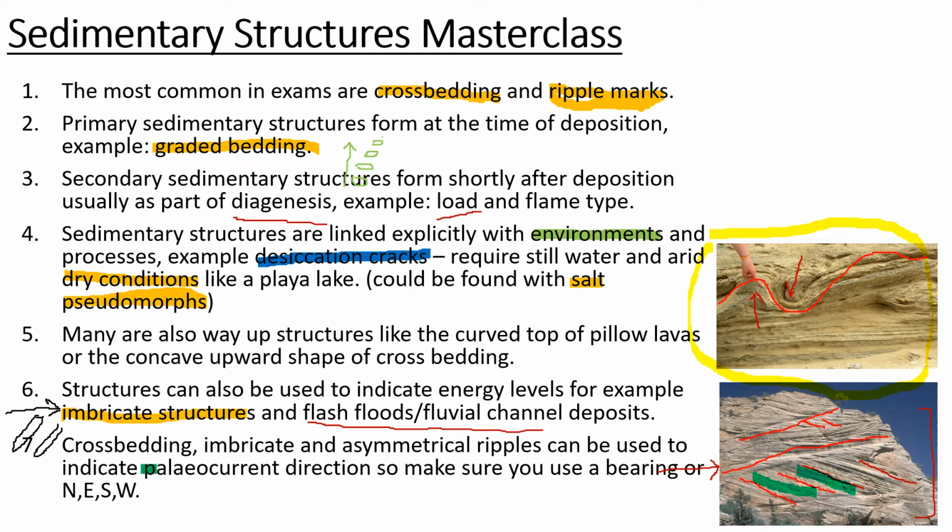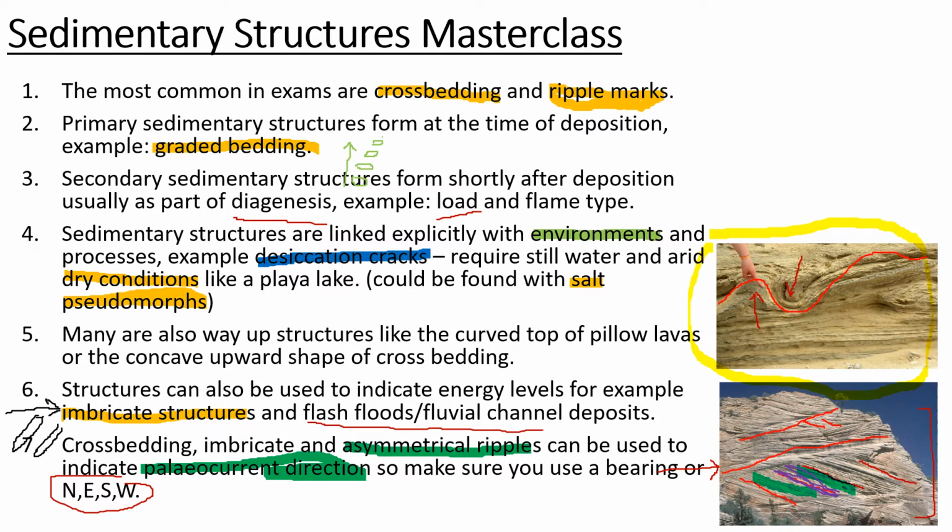Now, paleocurrent is basically ancient current. Asymmetrical ripples also do this, because these asymmetrical ripples show unidirectional flow, so one direction of the current. And of course, you should be making sure that you use a direction or a bearing to indicate that. So for example, if we take the cross bedding on the right hand side here, if I just use purple, this slope is the leeward slope.